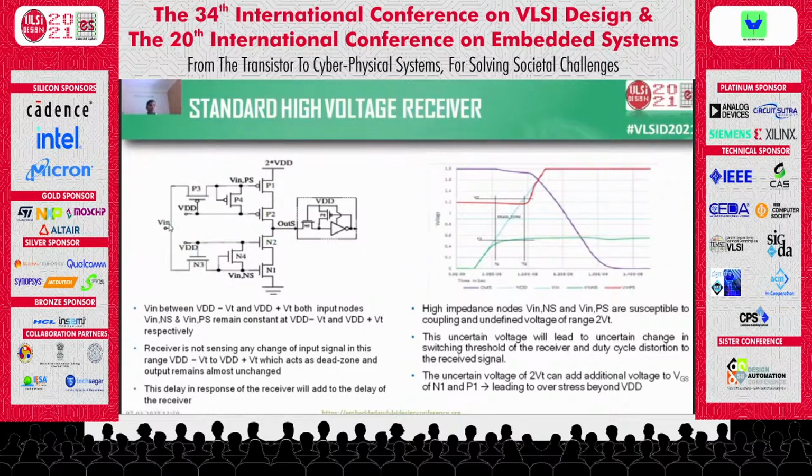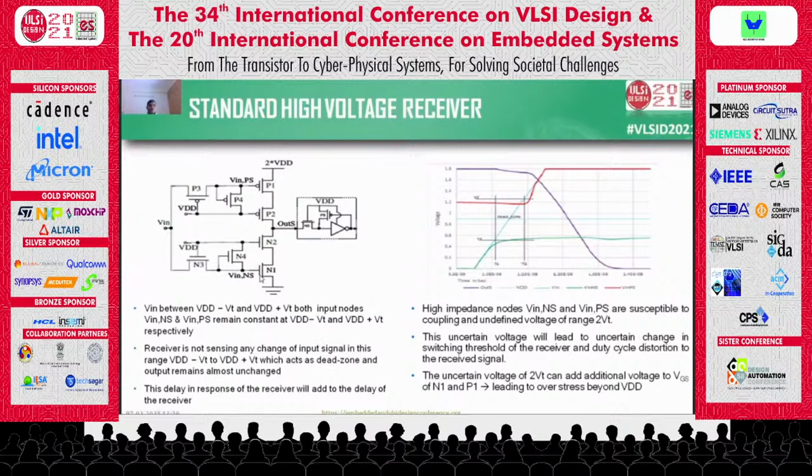Once Vin crosses VDD plus VT, Vin is connected to Vin PS, and Vin PS follows the input beyond VDD plus VT. In between VDD minus VT and VDD plus VT, both signal nodes Vin NS and Vin PS remain constant.